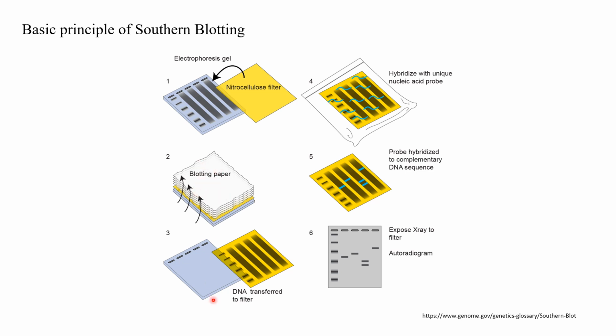The desired DNA is then detected once transferred onto the filter with the help of a labeled probe, which is complementary to the desired DNA. So this is the basic principle of Southern blotting.